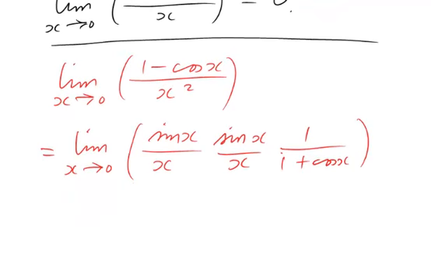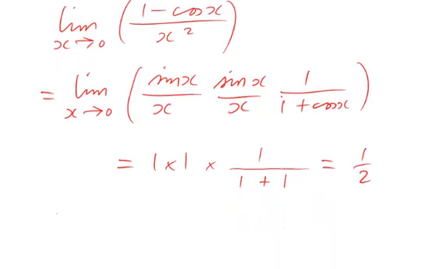And now we can take the limit again, because sin x over x becomes 1. So that is 1 times 1 times 1 over 1 plus 1, because cos of 0 is 1. That all simplifies to a half.